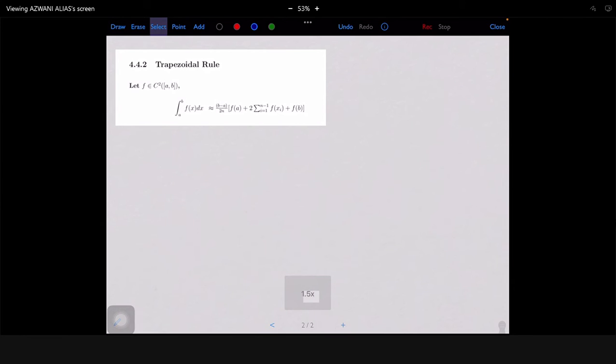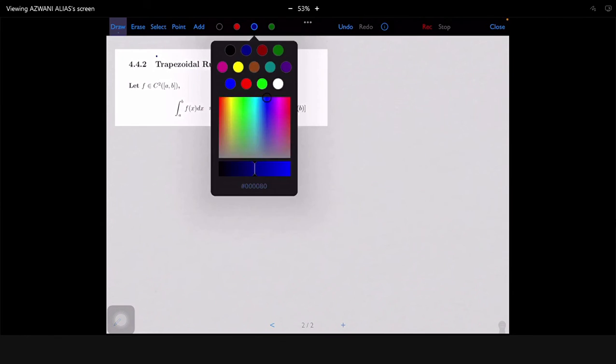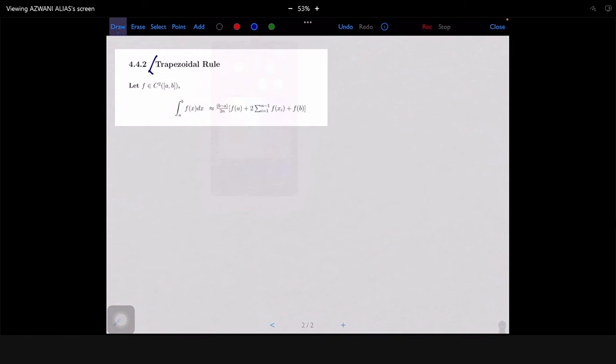Okay. So this is, we go to composite trapezoidal rule. Macam ni dapat 2 kat sini. Kalau basic quadrature rule untuk trapezoidal tak ada 2 kan? FA plus FB je. Yang ni macam ni dia dapat 2 tu.